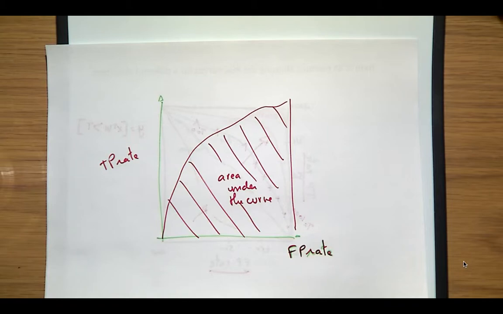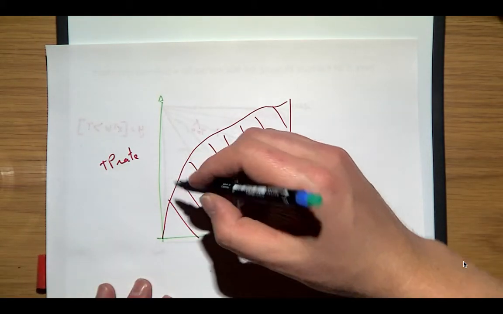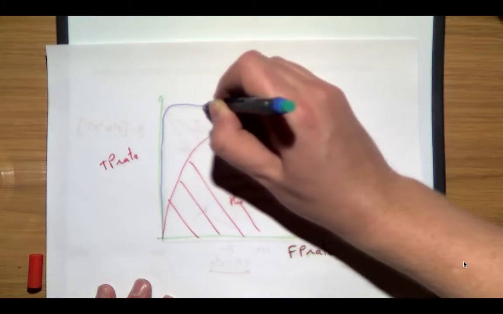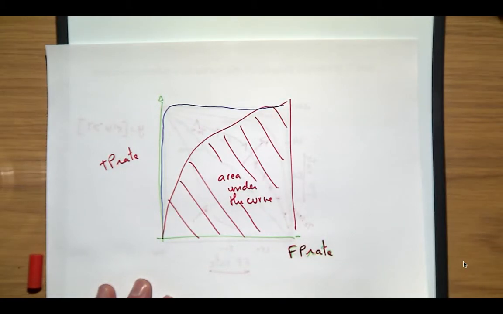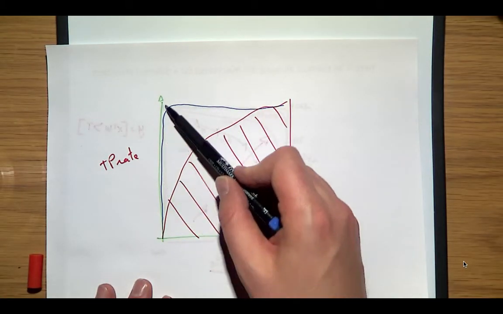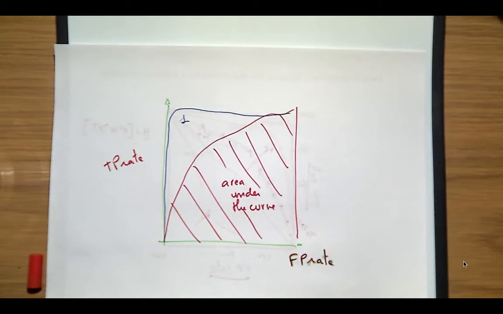And the idea here is, if you're doing very well and your ROC curve is something like that, then the area is almost 1. It kind of fills up the entire square, so the surface you take is 1.